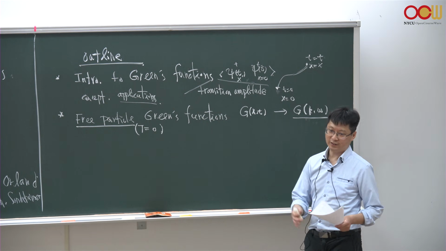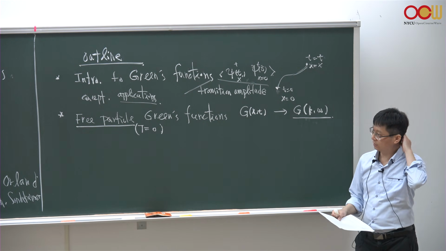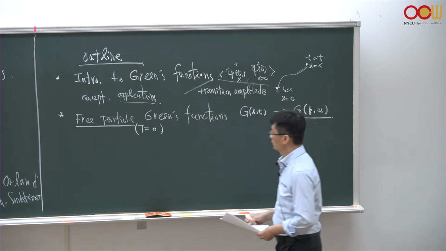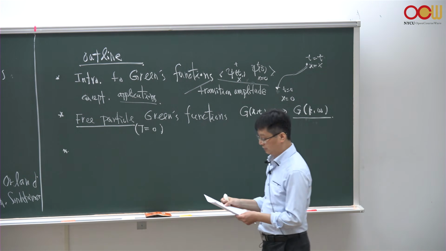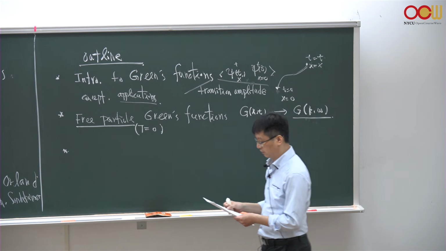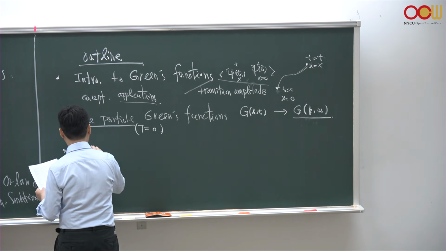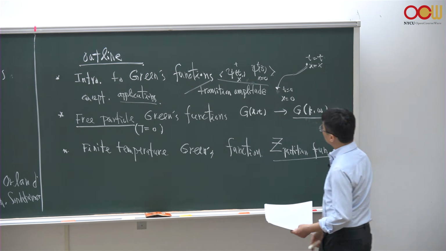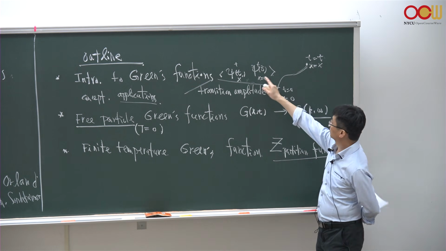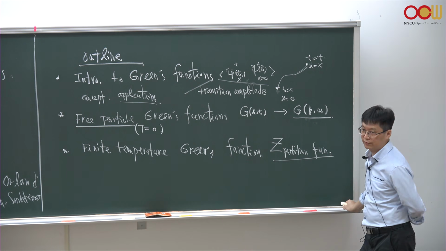Of course, we know that all these realistic solid-state materials live at finite temperatures, right? So for a finite temperature Green's function, it is really technically involved. But we should define this finite temperature Green's function, and this involves computation of a partition function. Imagine that you take the expectation value of such a single particle Green's function, not at zero temperature, but at finite temperature.